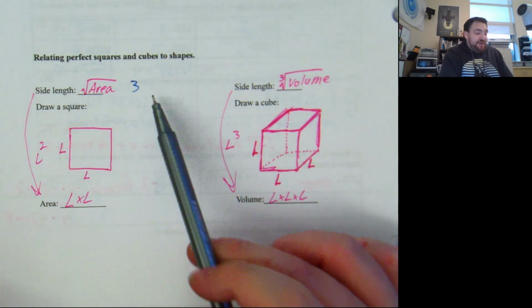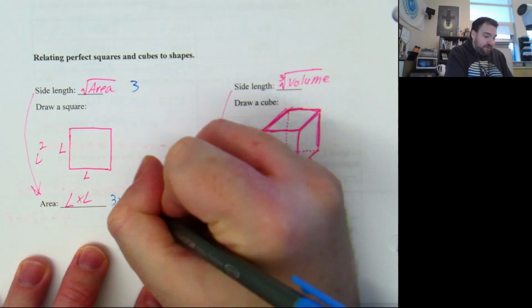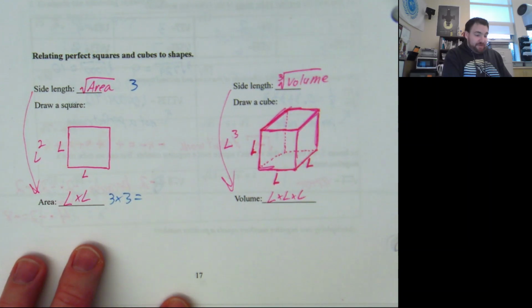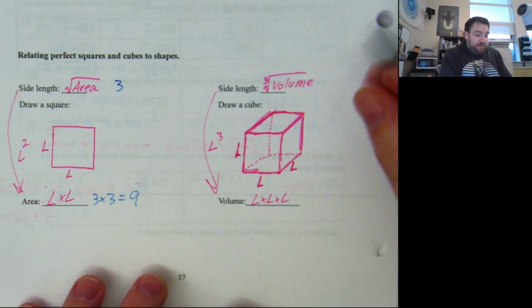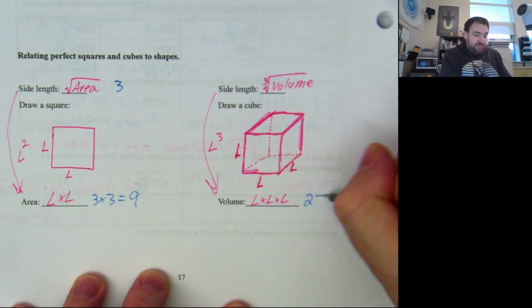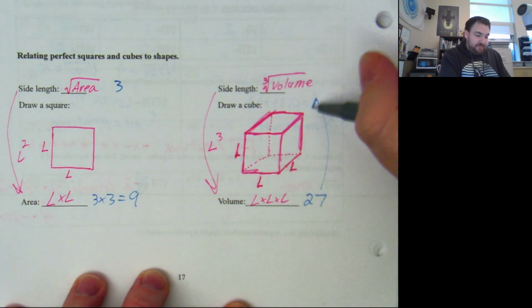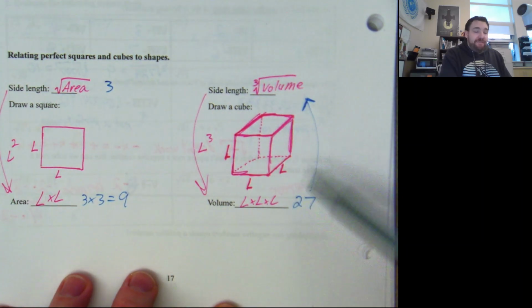If the side length is 3, and the area is a length times the length, area is just going to be 3 times 3, which is 9. If I told you the volume over here was 27, and I wanted to go back and find the side length, all I would have to do is take the cube root of that volume.